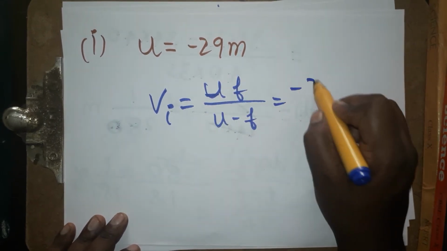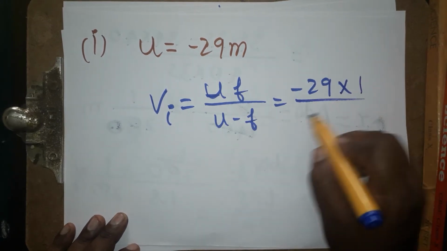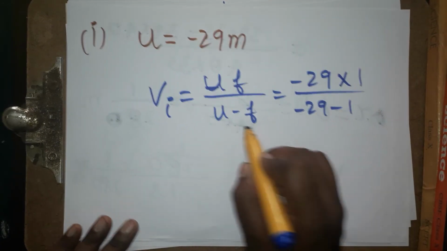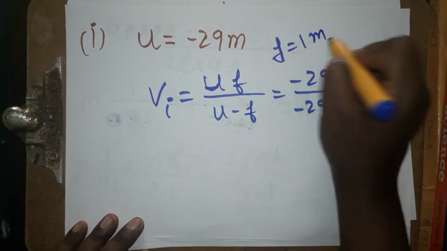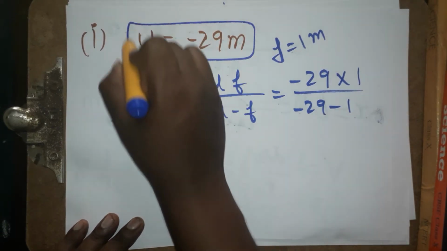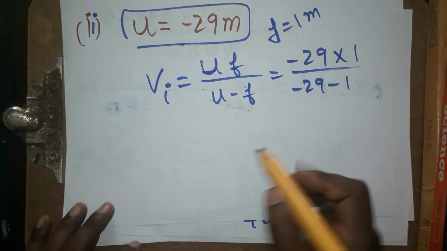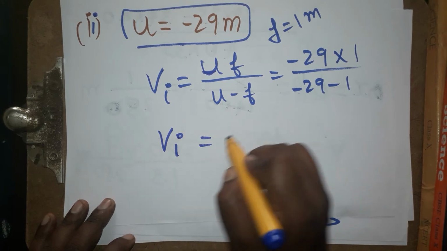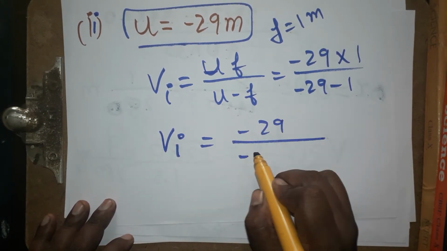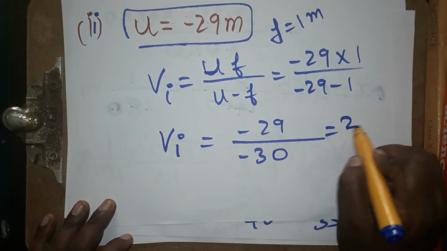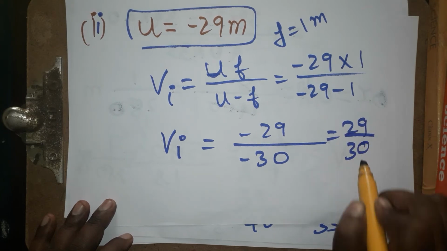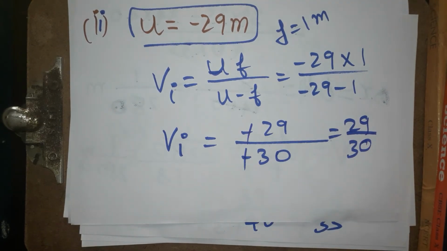What is u? Minus 29. What is f? 1 meter. So minus 29 minus 1. Since u is given in the second case as 29 meter, initially we get minus 29 divided by minus 30. The answer is going to be 29 divided by 30, as minus minus gets cancelled.